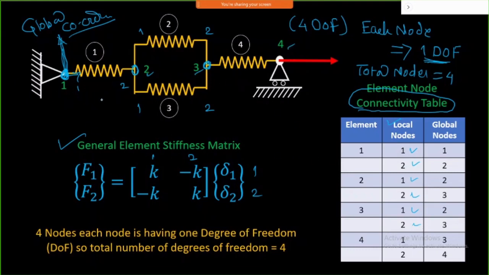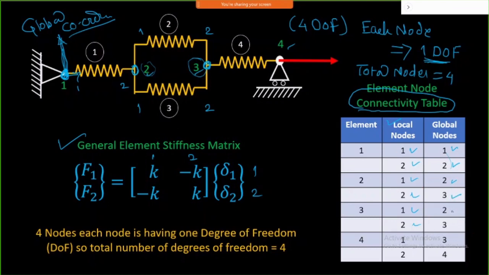Now just look at element number 1: it is connected with 2 nodes, node number 1 and node number 2. If I look at element number 2, the global node numbers are 2 and 3. So that way I can get a connectivity here, 2 and 3. Then similarly for the third element.